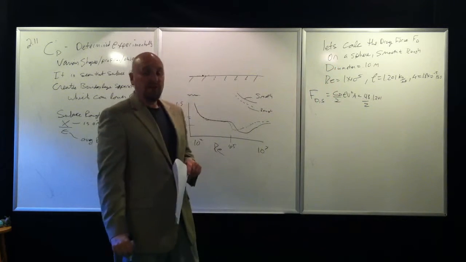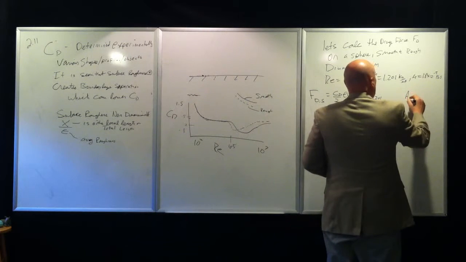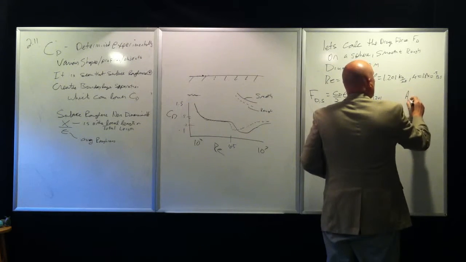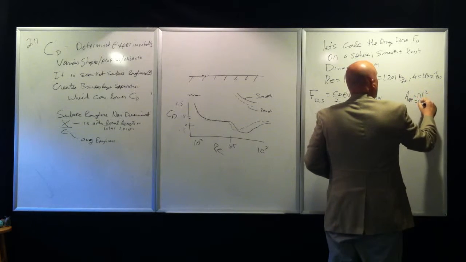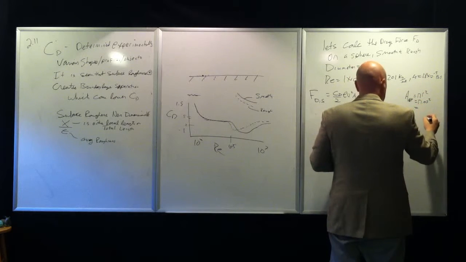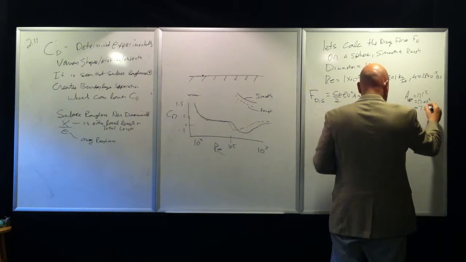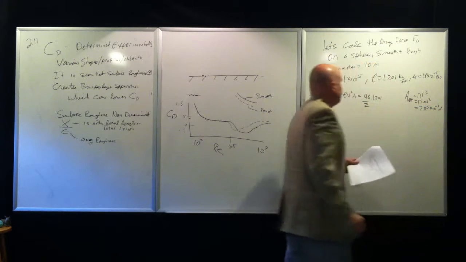Again, this is going to be a sphere. You want your frontal profile, so the area is just pi r squared, and our radius is 0.05, giving us an area of 7.85 times 10 to the negative 3rd meter squared.